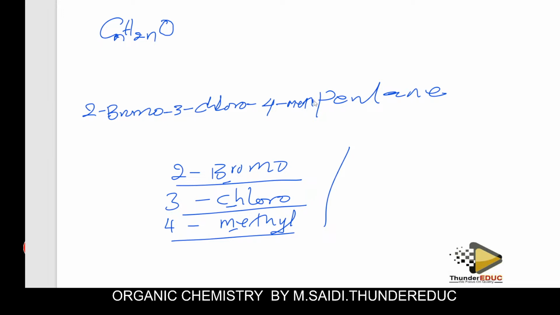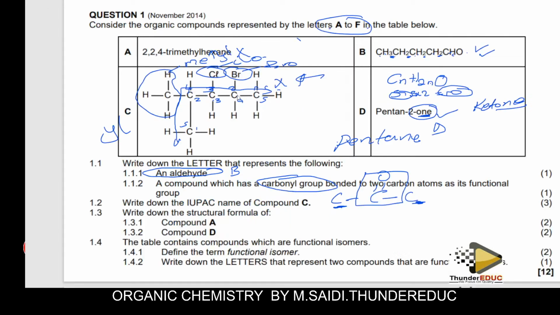So it is 4-methylpentane: 2-bromo, 3-chloro, 4-methyl, then the longest chain, which is pentane. I think I'm clear there. If you have any question, let me know before I continue to the next question.